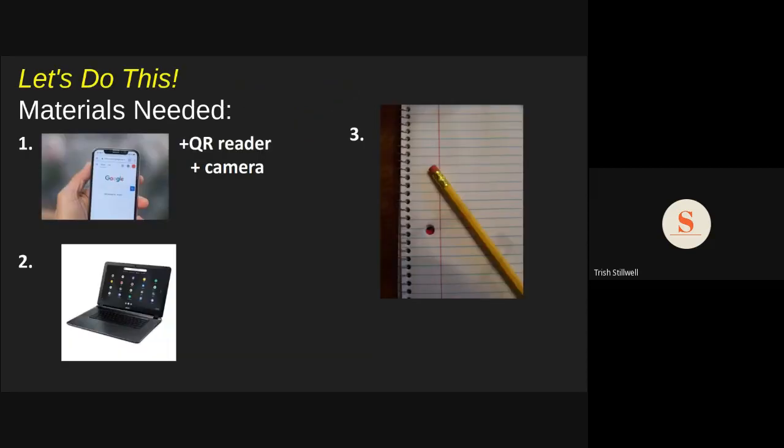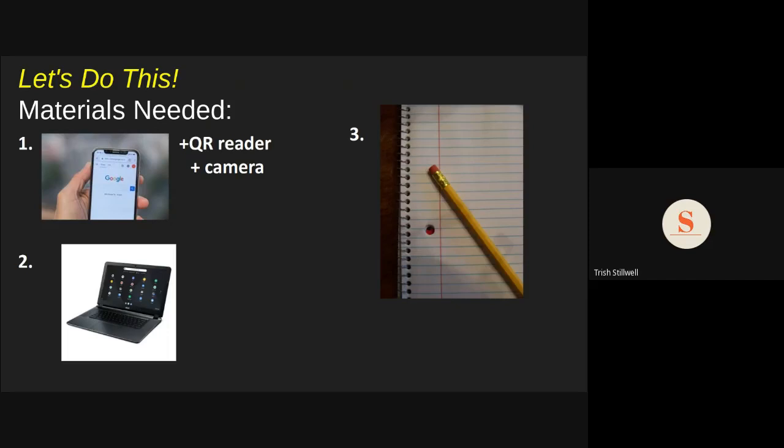Materials that you need for today and every time we're working on this mini unit. You will need your cell phone, preferably with a QR reader. You're welcome to use Snap, I know it has the QR reader feature. And separately, you'll also need the camera on your phone. Sometimes some of the assignments I want proof, and you snap a picture and submit it.